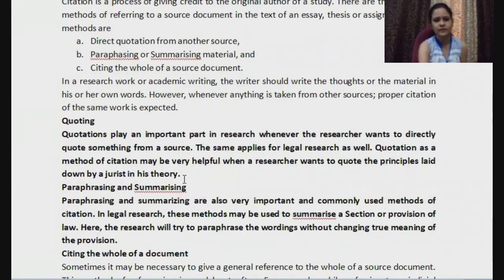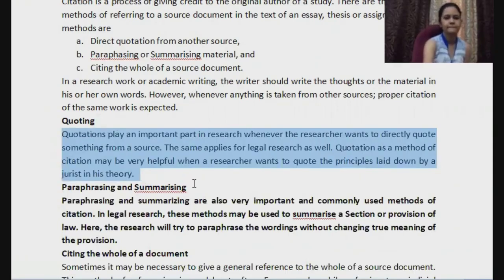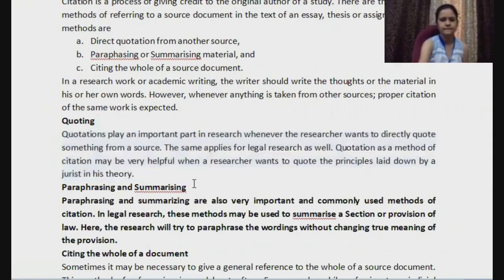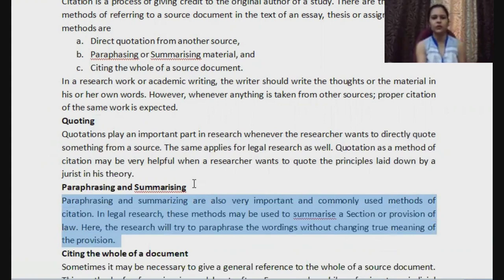First one that we have is direct quotation from another source. What is quotation? Sometimes we see motivation quotes, study motivation quotes, this quote, that quote. What is quotation?